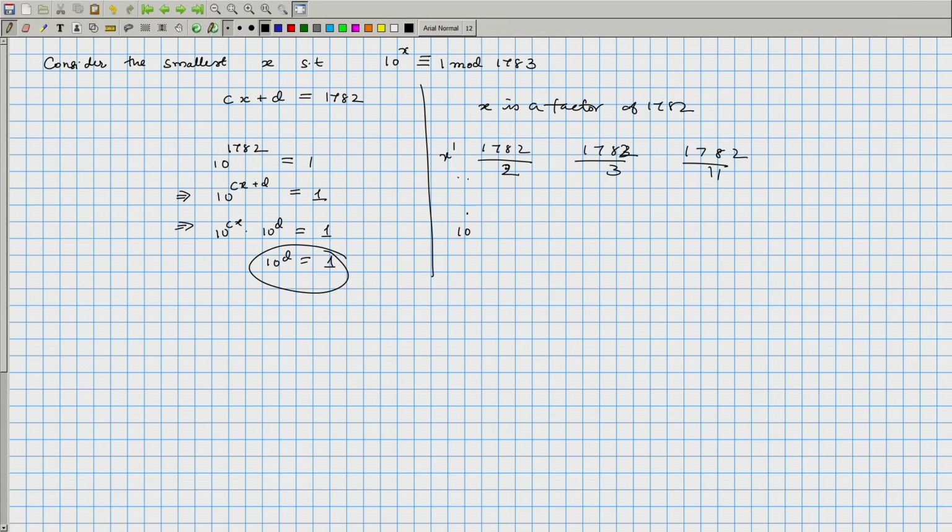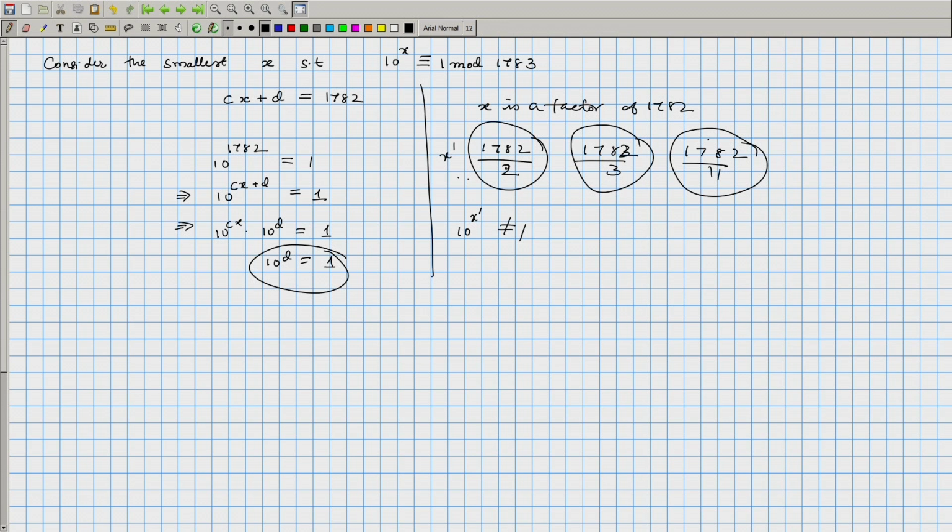For each of these x primes, we had verified that 10 to the power x prime is not equal to 1. Now, if x is any other factor, those x's will surely divide one of these factors, because these are the largest factors of 1782, other than 1782.